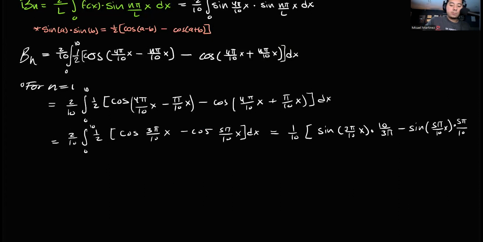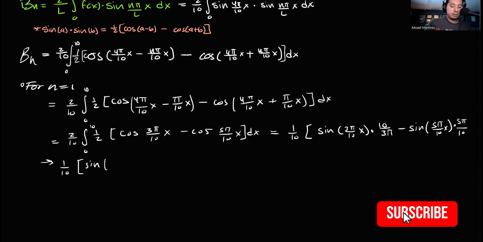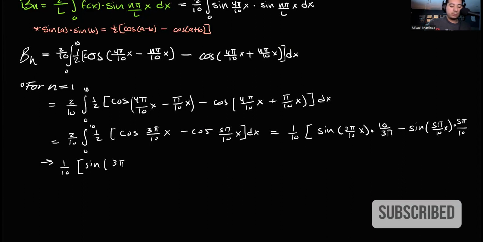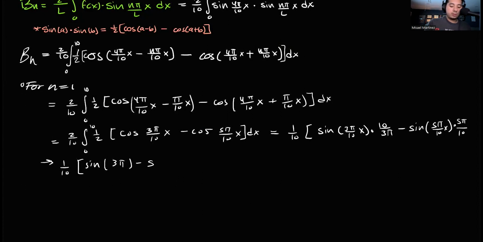That's what we should be getting, and we need to evaluate from 0 to 10. After I do that, I'll have 1 over 10 times sine of 3 pi, because x is 10, minus sine of 5 pi.